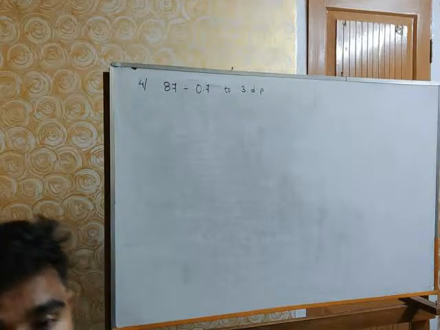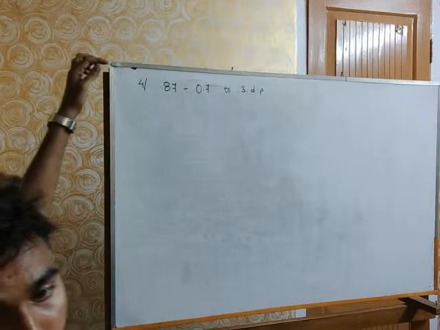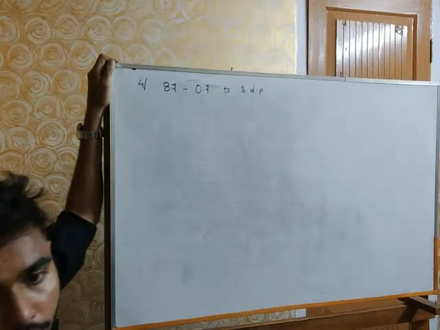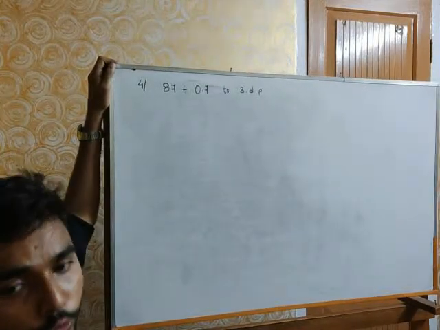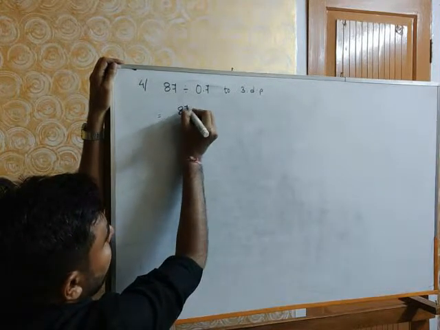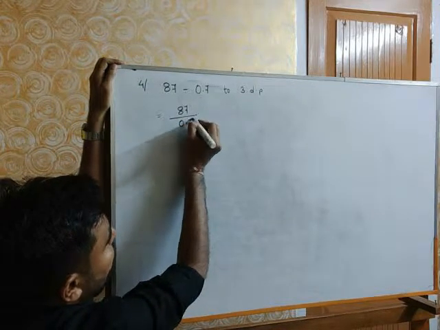Can we do it directly? No. Why? Because the number that we divide by, that is 0.7, is a decimal number, and if there is a decimal number we cannot divide directly. So it will be 87 divided by 0.7.